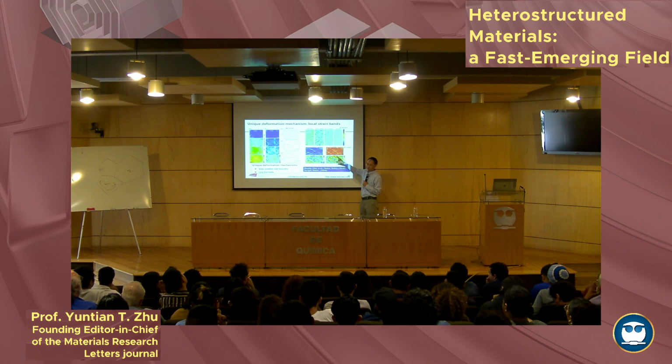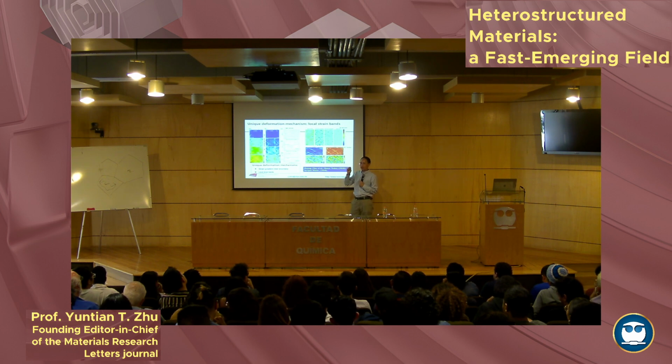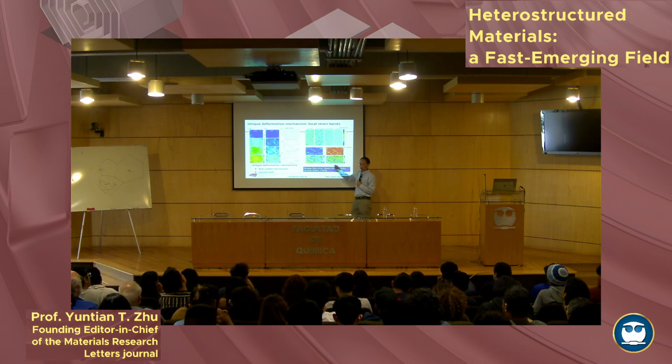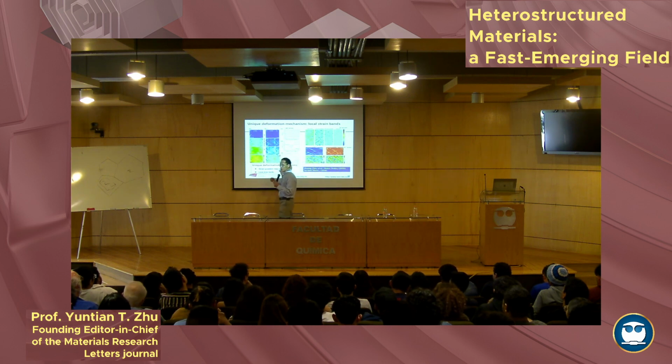But this is from digital image correlation. The width of this is in the micrometer range. The dislocation is at the nano range, so we don't know how to link them up. We don't know how this is nucleated, how it propagates. And for nanomaterials, you have this one band, it will propagate through the whole sample.